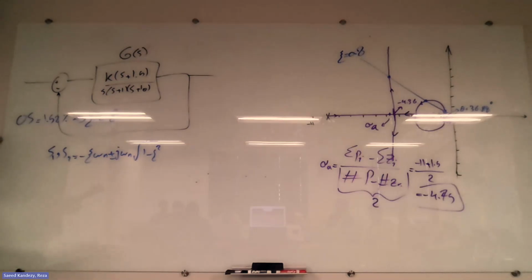Does anyone have any idea? We want these two to be our poles. We know the psi. We want to find omega n. What condition could we use in our system to find omega n and find out what's going to happen in our second order system? These are going to be the poles of our second order system. What was the condition for the poles?